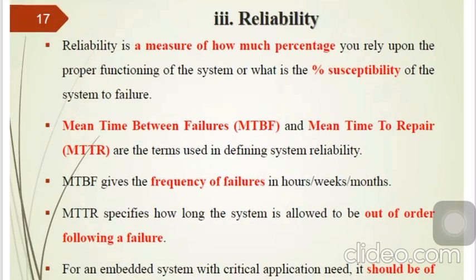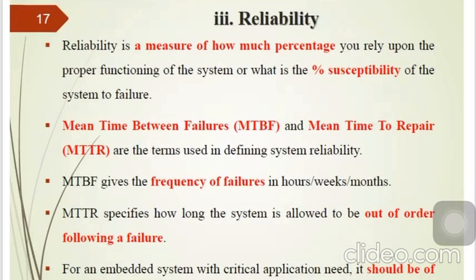Here, mean time between failures and mean time to repair, these two terms define the system reliability. Mean time between failures gives the frequency of failures. First there was a failure this month, again next month there was a failure, like that.